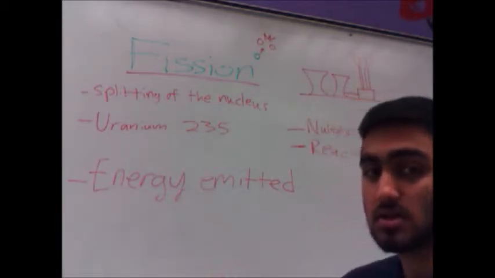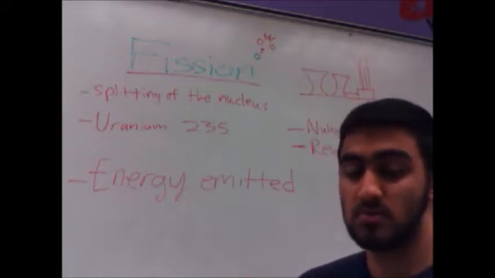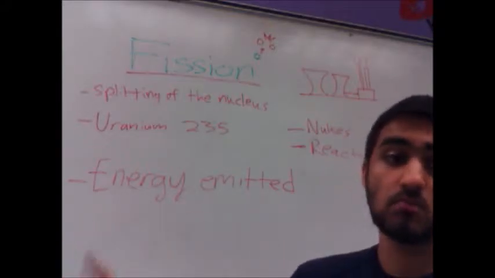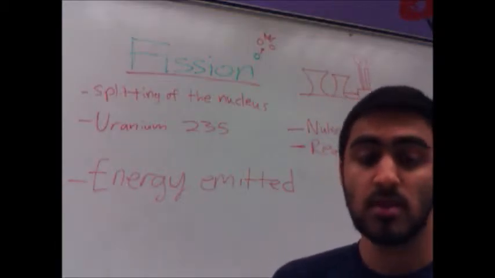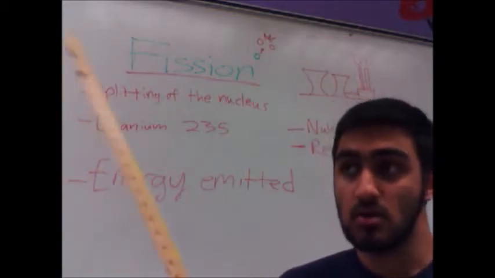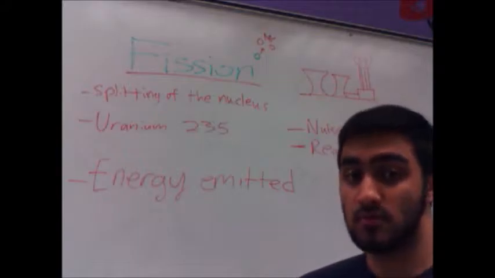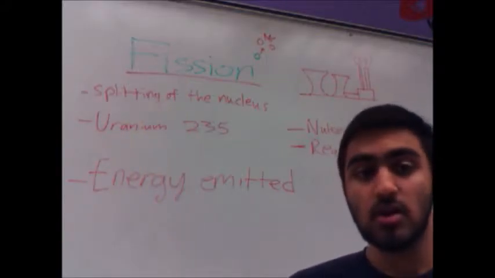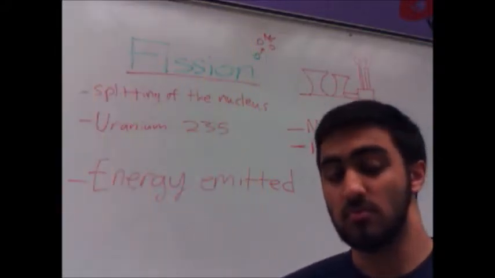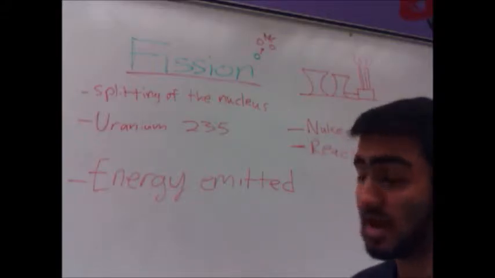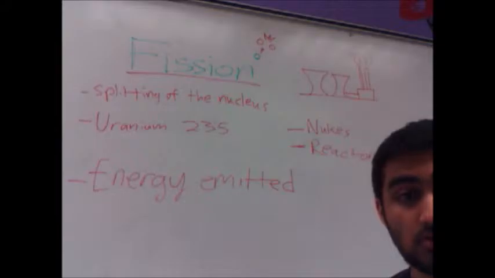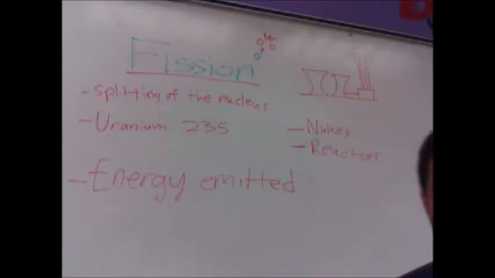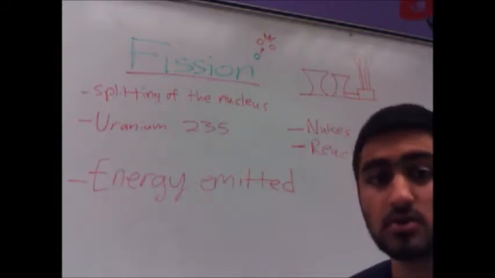And then we can see that in atom bombs, because when you see an atom bomb explode, you see a flash of light, and then a ginormous mushroom cloud, and then debris everywhere, and then waves. And the thing with the nuclear bomb is that that's an example of an uncontained fission reaction. Now, the reaction that goes on in an atom bomb is highly similar to the reaction in a nuclear reactor, except that the reaction in a nuclear reactor is contained.